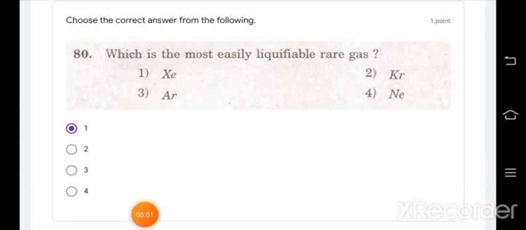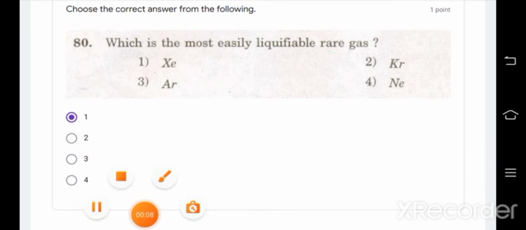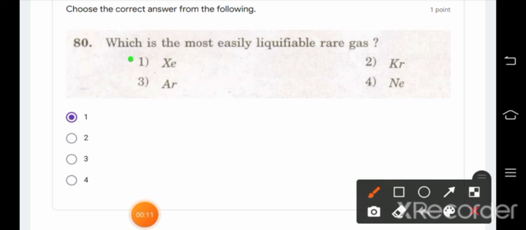The next question is again: which is the most easily liquefiable rare gas? Here the answer is xenon. As we discussed in the earlier question, group 18 elements are called the inert gases. They are inert because they have completely filled last orbitals and no valence electrons.